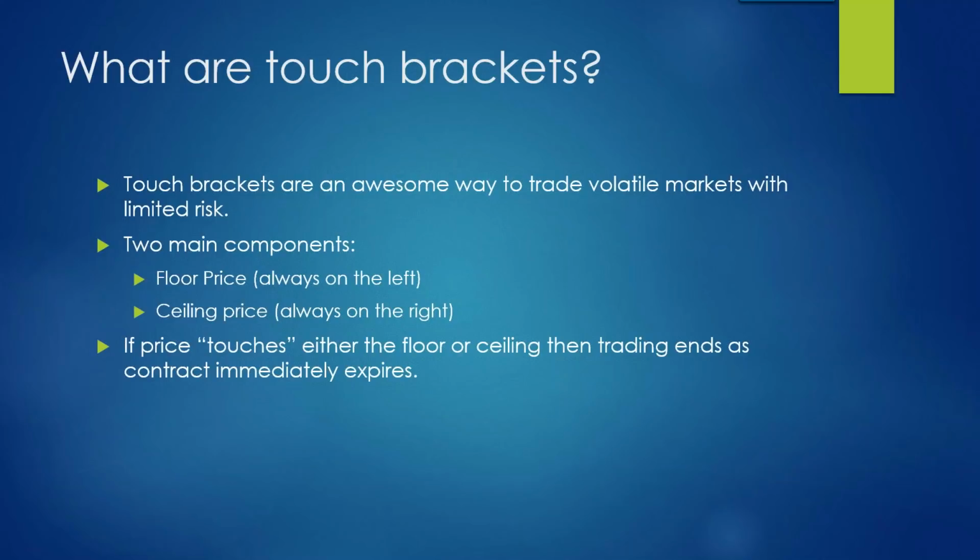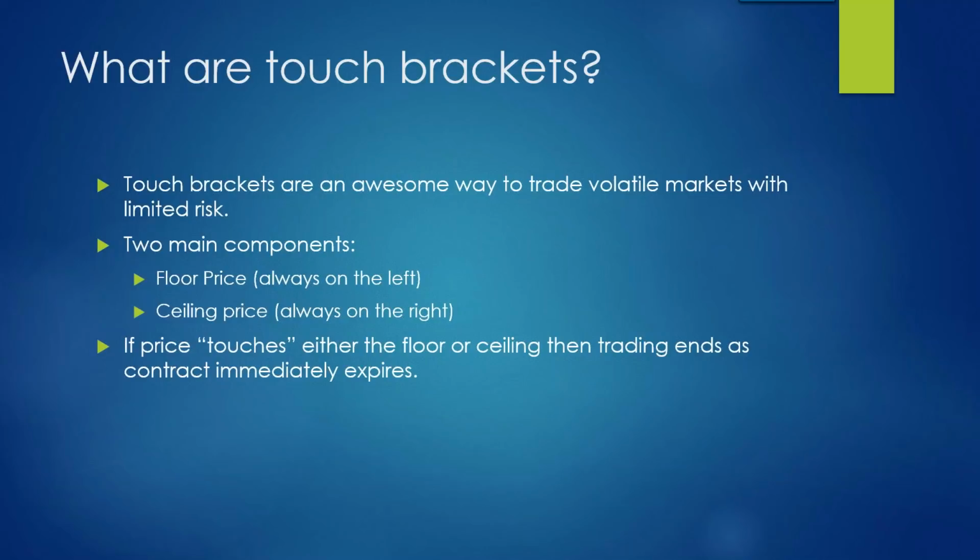Now, you've got two main components, okay? You have a floor price, which is always on the left. It's the first price on the touch bracket. And then you have the ceiling price, which is always on the right-hand side. That's the second one, okay?